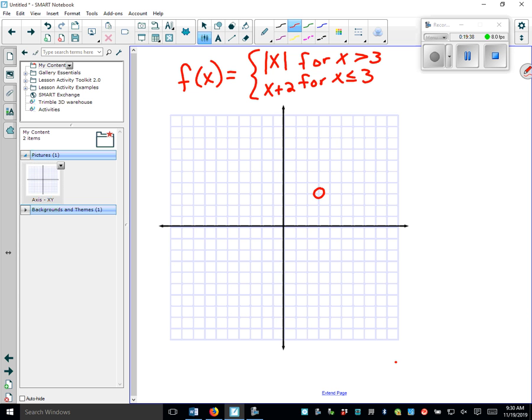Excuse me, give me an x to the right of 3. Huh? That's not to the right of 3. 4. X is 4, y is 4. So I think then this looks like this. You agree?